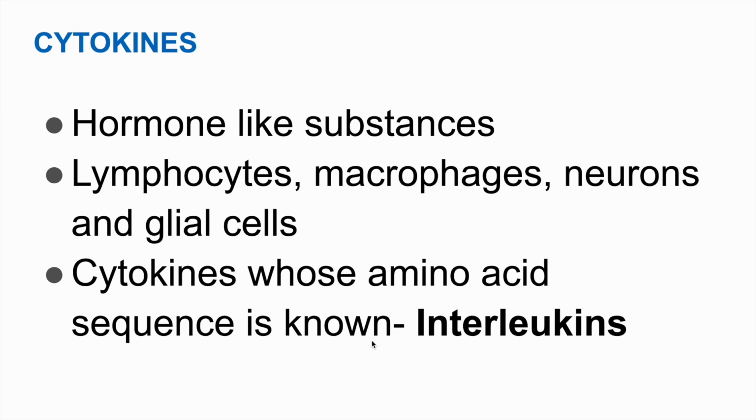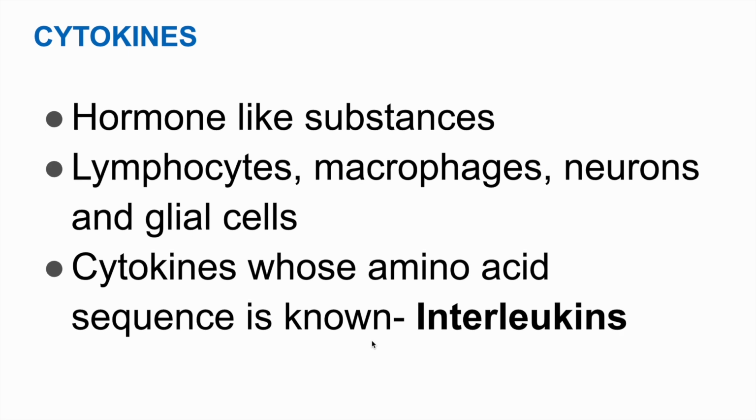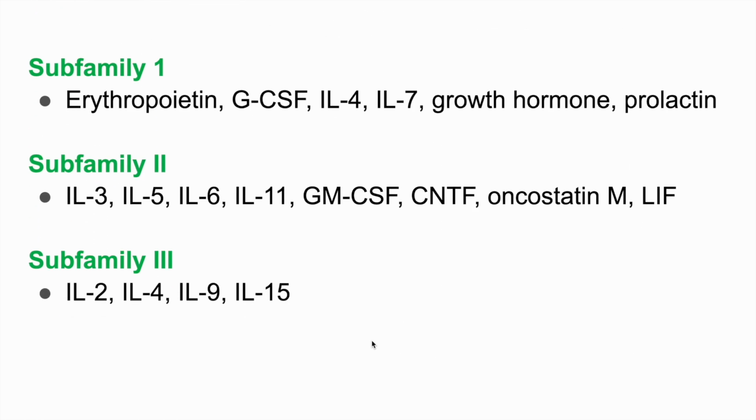Cytokines are famous hormone-like substances produced by lymphocytes, macrophages, neurons and glial cells. Cytokines whose amino acid sequence is known we call interleukins. Even interleukins belong to the growth factors, and they have many subfamilies.